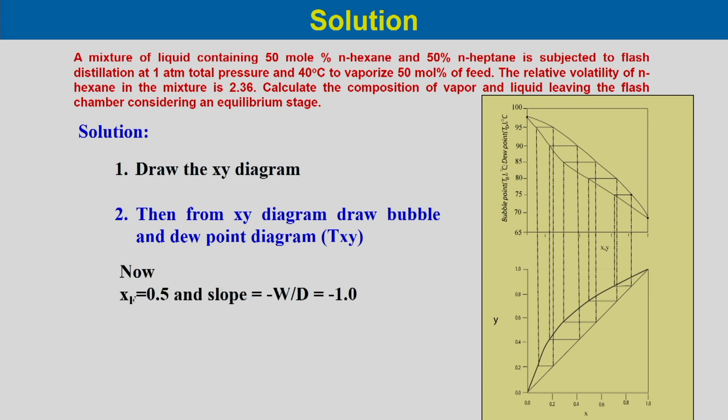Now, the feed XF is 0.5, that is 50 mole percent of N-hexane, and the slope we have calculated is -1. With ZF equal to 0.5, we can locate a point on the x axis of the xy curve, then go vertically and locate the point on the 45-degree diagonal of the xy diagram.